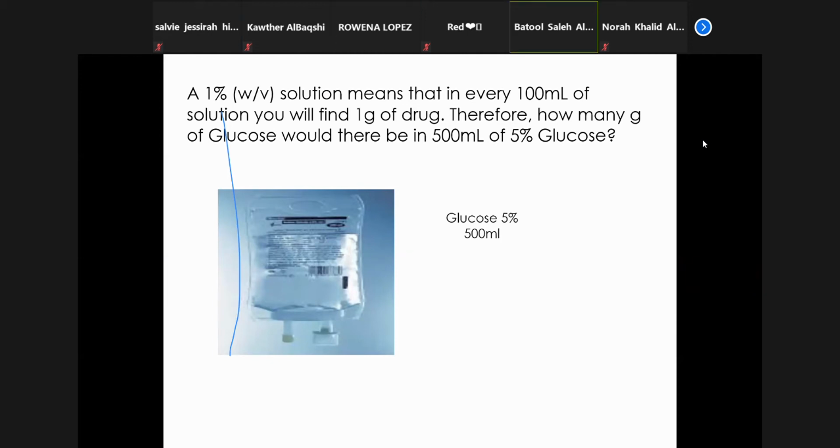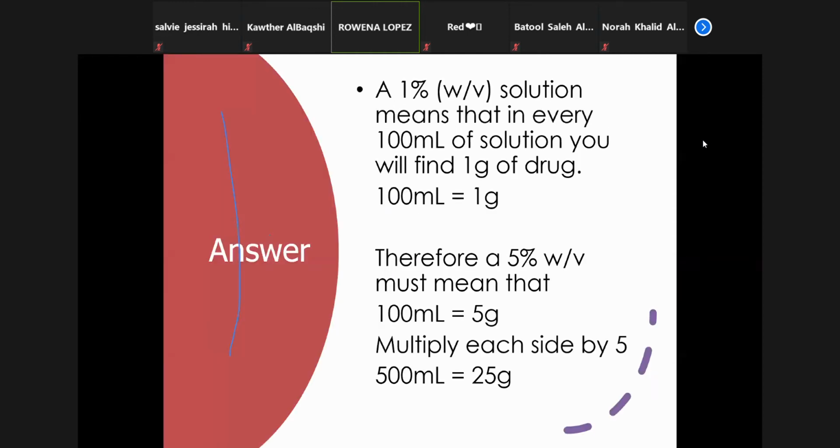5 gram. How much? 5 gram. Who's this? Batul. Batul again. Okay, inshallah Batul have quick thinking. So 5%, but you need to multiply, it should be 25 grams, Batul. So who got the 25 grams? 5 grams for you, Batul?